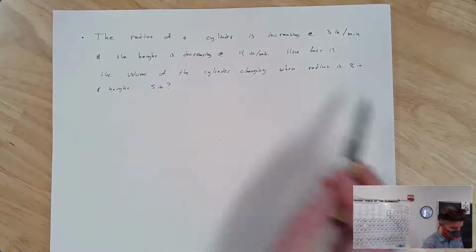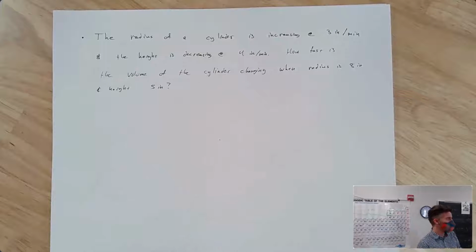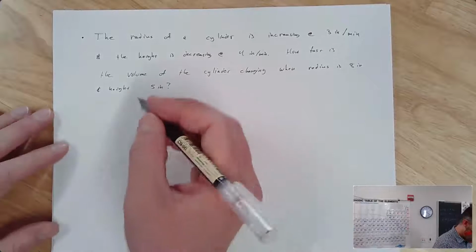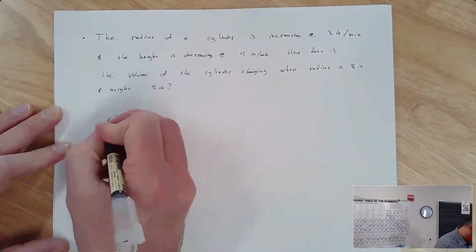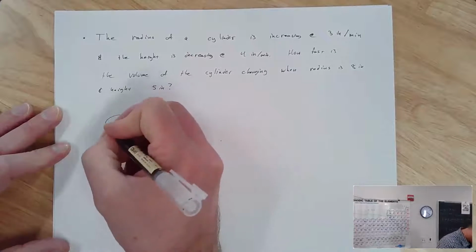So whenever someone's asking a question like this, they always have to be like, how fast is something changing when we're at this point in time or this measurement of the shape? You have to have that kind of information. There are a couple exceptions to that, but generally they're still going to give you that information. So let's draw a picture. Here's my cylinder.